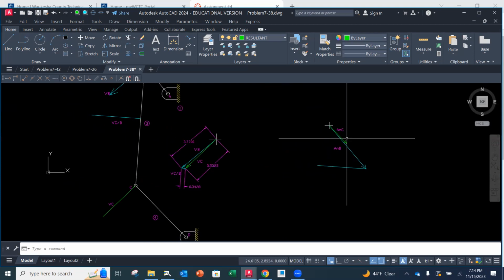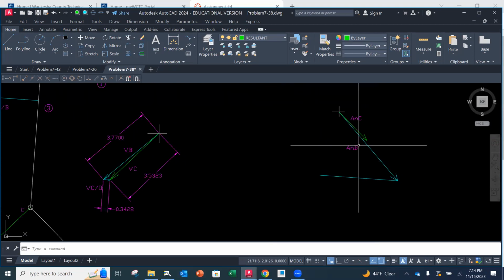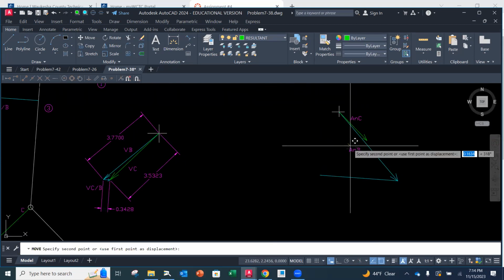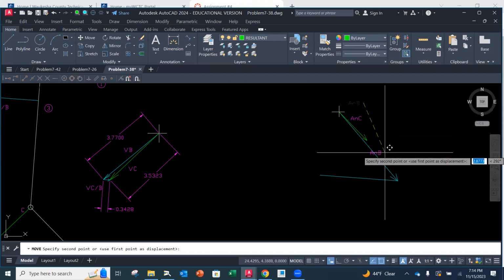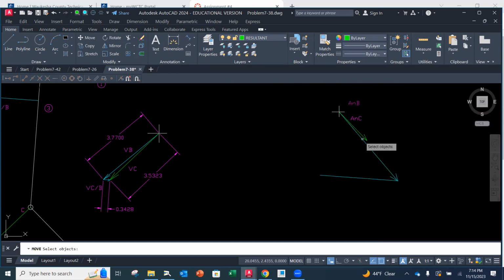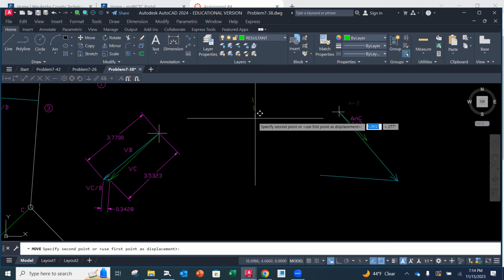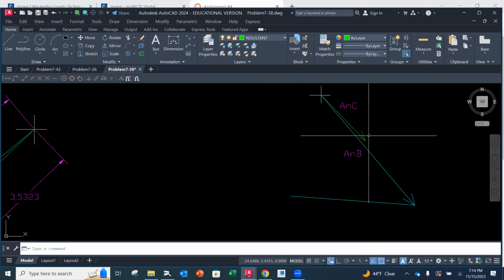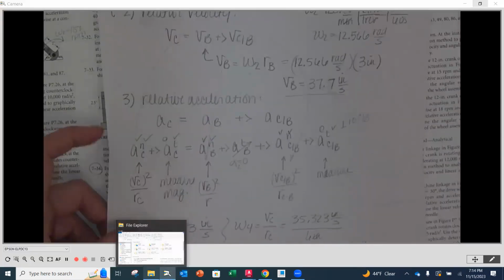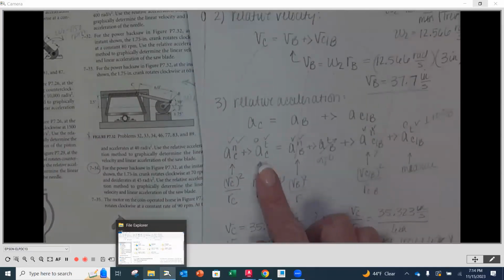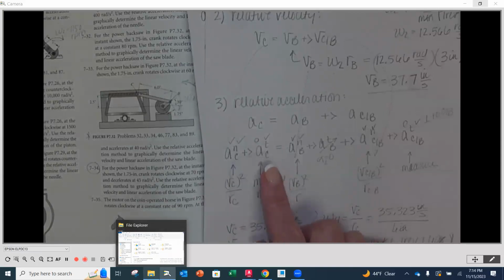All right. And then, okay, now on the endpoint of that, we're going to add the tangential of C. Now the tangential of C is just going to be perpendicular to the normal, but we don't know its magnitude.